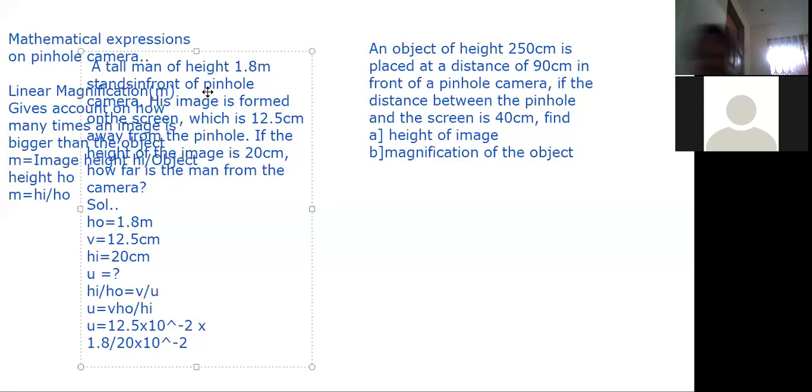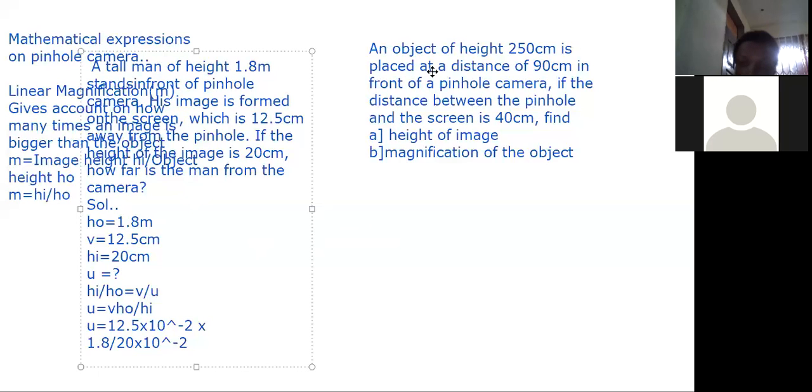Okay, but they are in centimeters, so you could have solved everything in centimeters. The magnification, I had 0.4. Oh, okay. Yeah, correct.